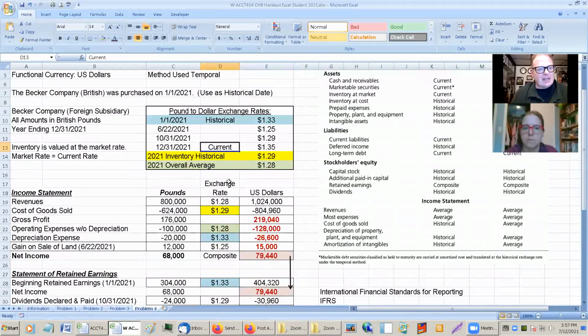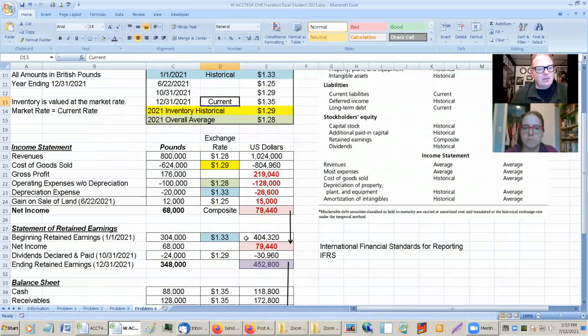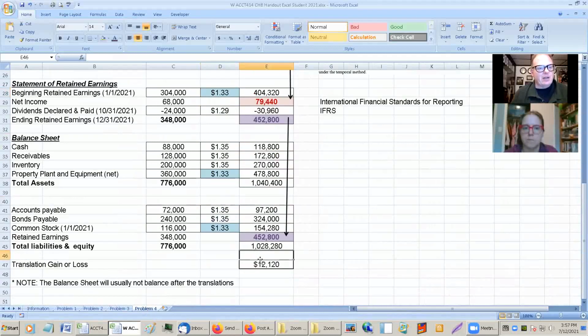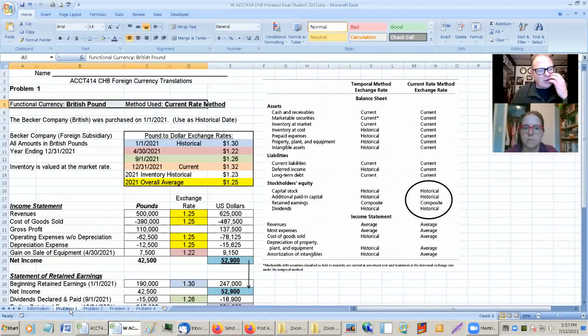So anyway, this is the exchange rate. Again, a lot of times they're not that big a deal, but they can be huge depending on what the exchange rates are. And if you're wondering which ones they use, a lot of times if they're going to stay in the market, they just leave it in the foreign currency.